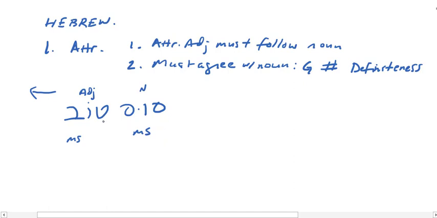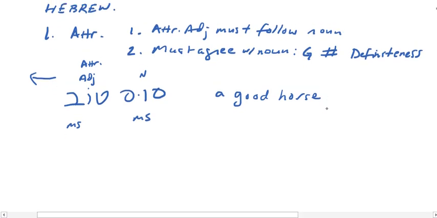No. Is tov definite? No. Then they match definiteness. That is to say, they're both not definite. So this could be an attributive adjective, right? And to translate it, remember, attributive adjectives tell you what kind of noun. It's going to be a good horse, right? A good horse.